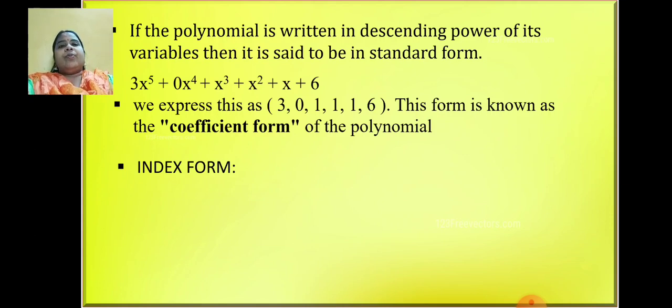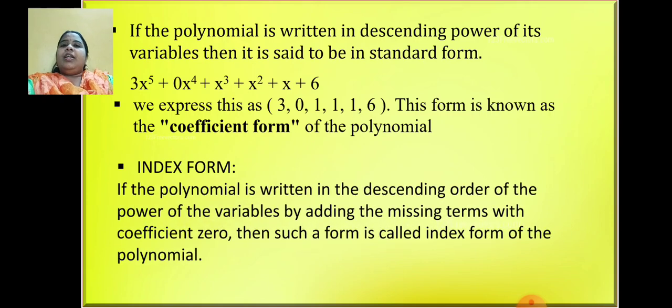Then what is index form? Index form is nothing but this what I have written, with 0 coefficient. Let's see the definition. If the polynomial is written in descending order of the power of the variable by adding the missing terms with 0 coefficient, it is called an index form.